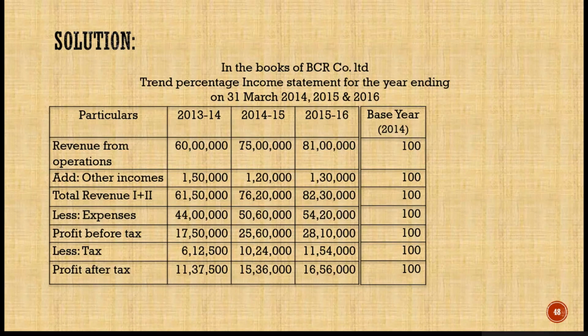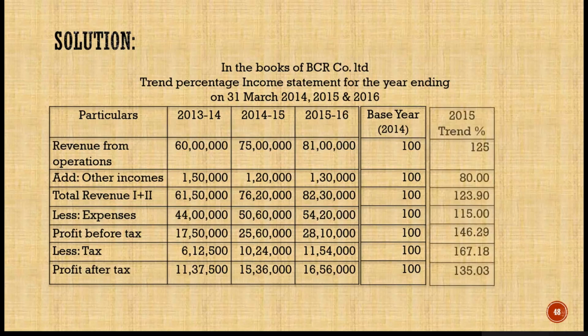Each year's figure is divided by the base year figure. That means the formula for calculating trend percentage, which we have seen, is: trend percentage is equal to present year value divided by base year value into 100. So let us see what is the trend percentage for the year ended 2015.